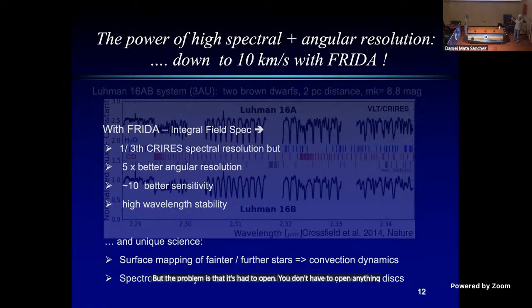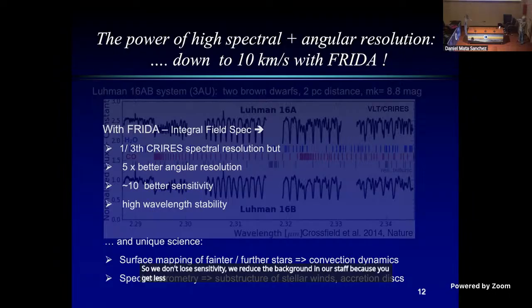We keep our fine sampling of the PSF, our small pixel scale. In this case, it will be in milliarcseconds, that will be the resolution. Our pixel scale will be 20. So we don't lose sensitivity. We reduce the background on our star because we get fewer pixels below our point source, and we increase resolution.